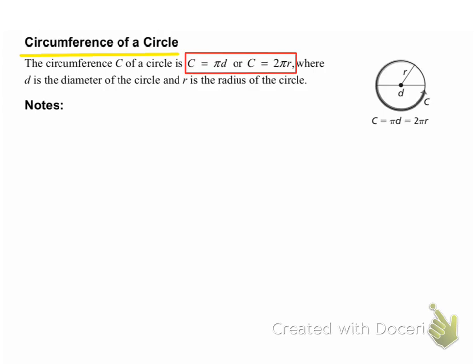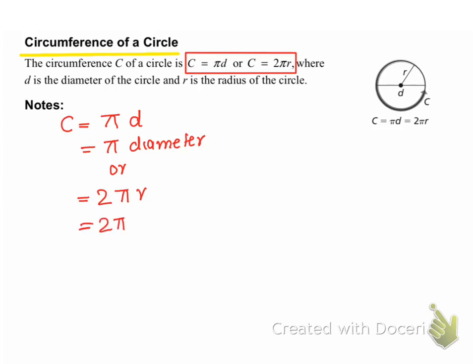C equals pi d means pi times diameter. You just multiply pi by the diameter. Or you have 2 pi r, that is 2 pi times the radius.